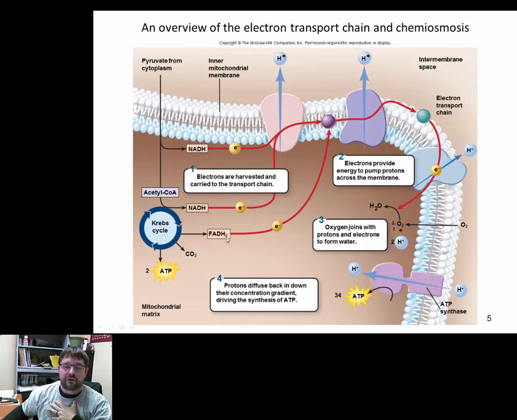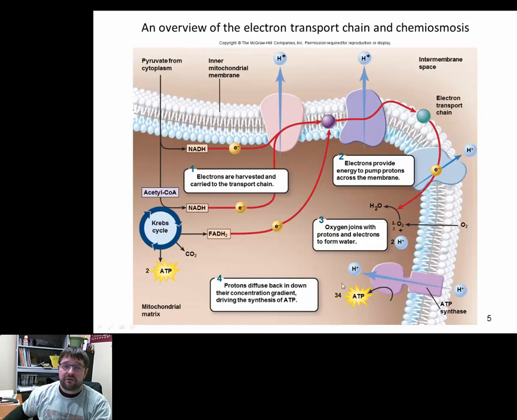And that comes in these electron carriers, which then take those electrons to the electron transport chain, allowing for protons to be pumped across into the intermembrane space. And then as this gradient fills with protons, they have to get back across. And they can come back across through ATP synthase.